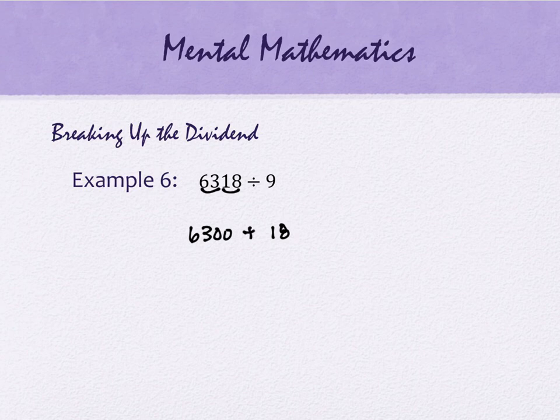And I'm kind of writing it like this in my head, right? Because it's mental math, but you're going to write on paper. So if you did 6,300 divided by 9, you'd get 700. And then 18 divided by 9 would be 2. For a total of 702. Okay, just like any time with mental math, it doesn't work all the time, right? The idea is that it sometimes works really nicely to think about something this way.